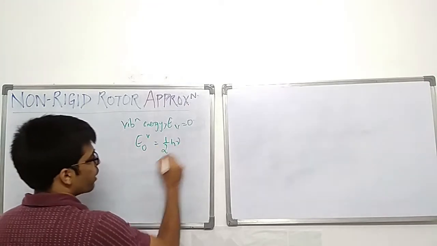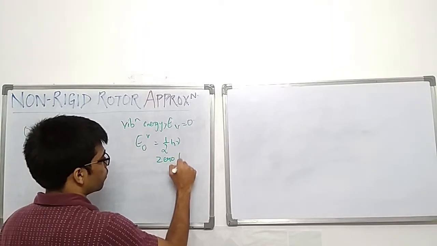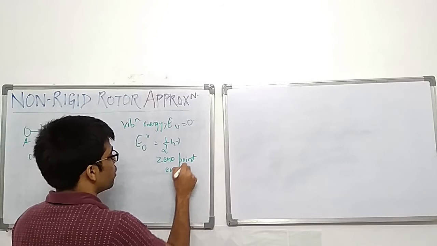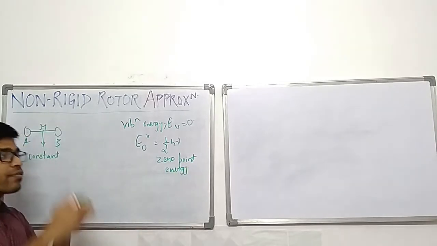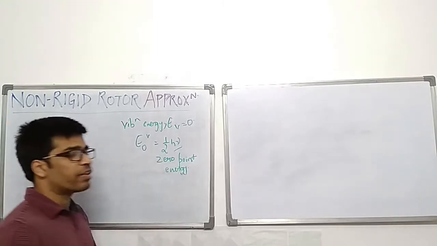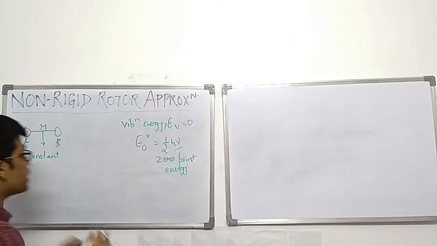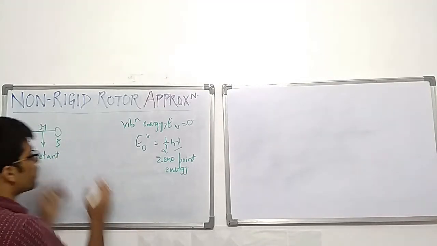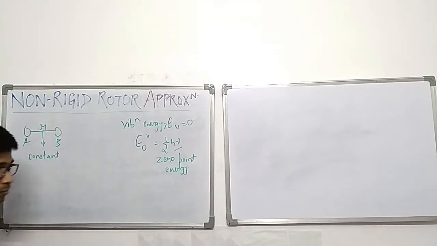This is the zero point energy. We'll see in more detail when we do vibrational spectroscopy. So even at 0 temperature, even at the ground state, my molecule will have half h nu of vibrational energy. That means this vibration will still happen, even if to a small amount.